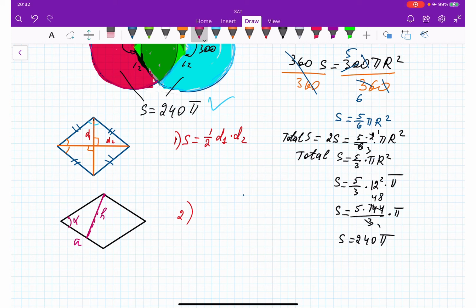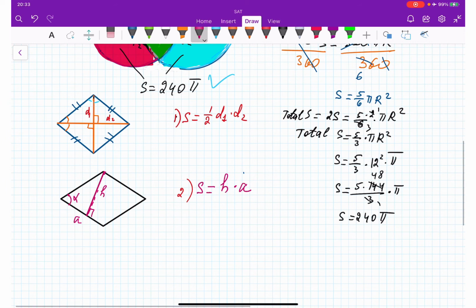So, the second way to find the area is going to be the height, obviously it creates the right angle, height times base. That's the second formula for the area of a rhombus. And the third formula for the area of a rhombus is the square of the side, meaning a squared, times sine alpha.